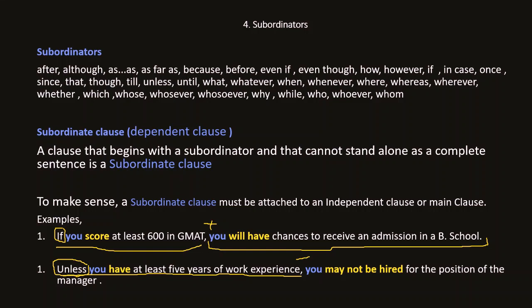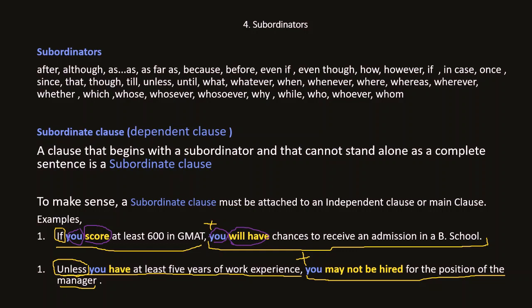Please notice each clause, the subordinate clause has a subject and a verb. Similarly, the main clause also has a subject and a verb. From this, you should understand that in a sentence, other than the modifiers, there could also be subordinating clauses.